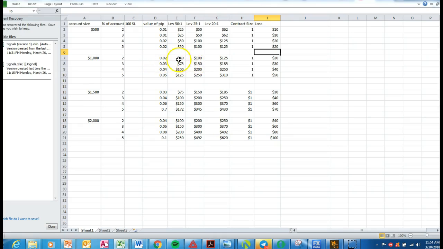And notice your margin requirements are going to get higher because now you've increased the pip value. At 3%, you could trade 30 cents a pip, which would be 0.03. At 4%, it would be 40 cents a pip, and these would be your margin requirements. And at 5%, it would be 50 cents a pip.